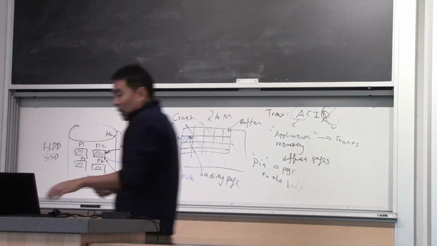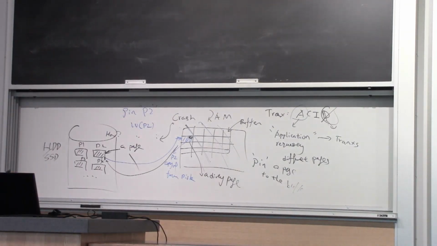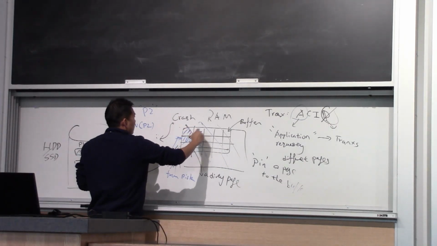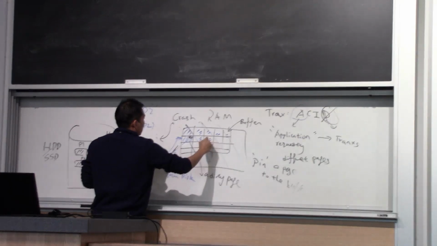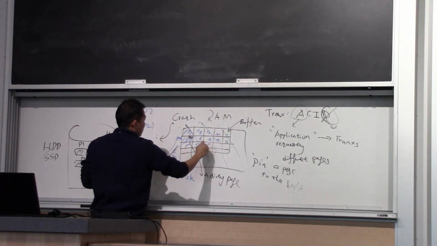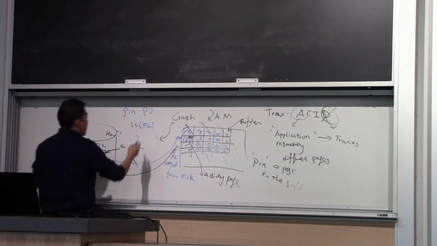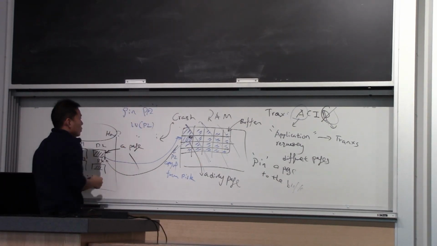Okay, that being said, I do want to talk about buffer replacement a little bit. Let's say my buffer is completely occupied. At some point, somebody says pin page 102.